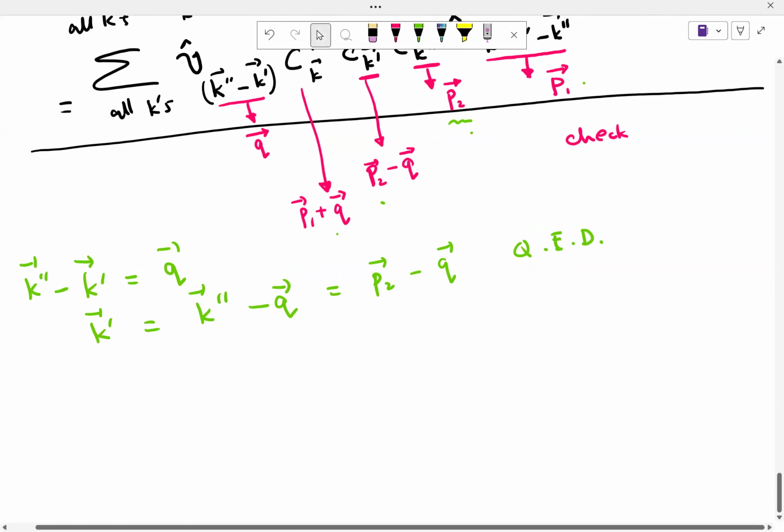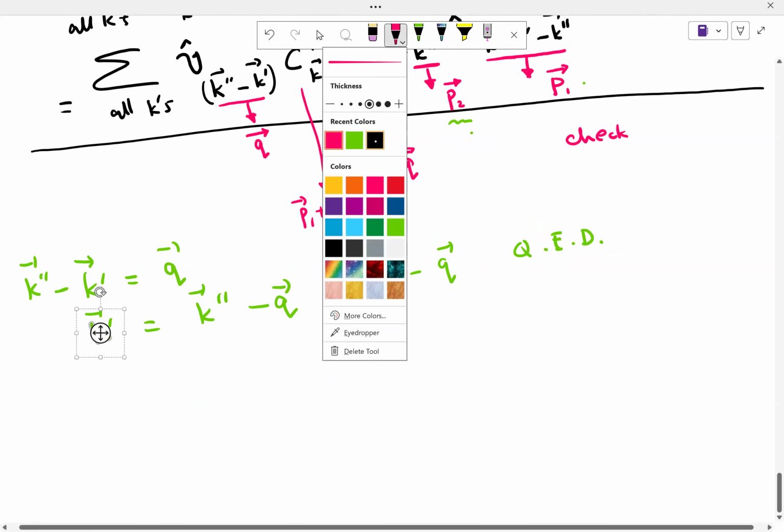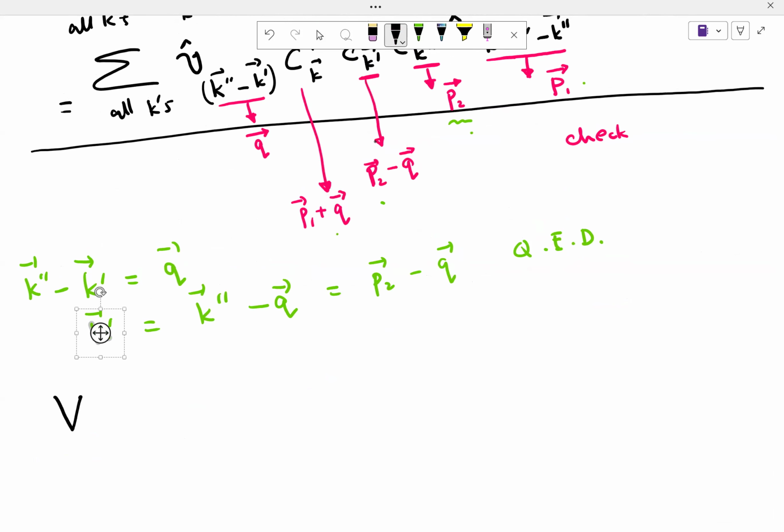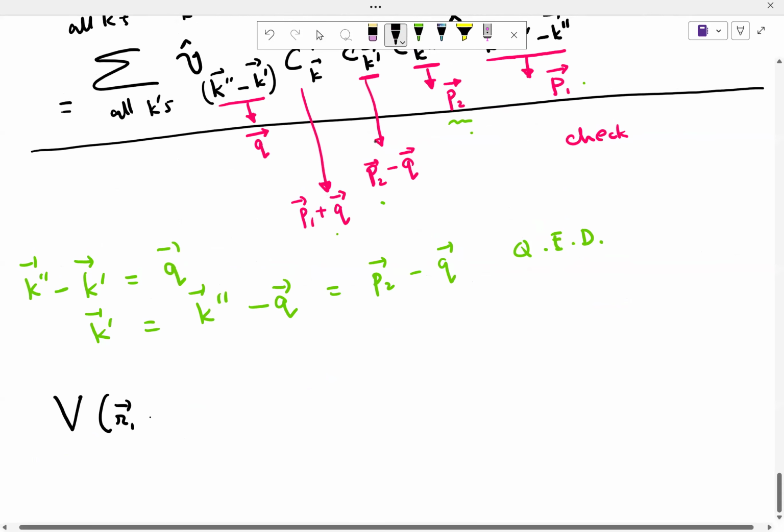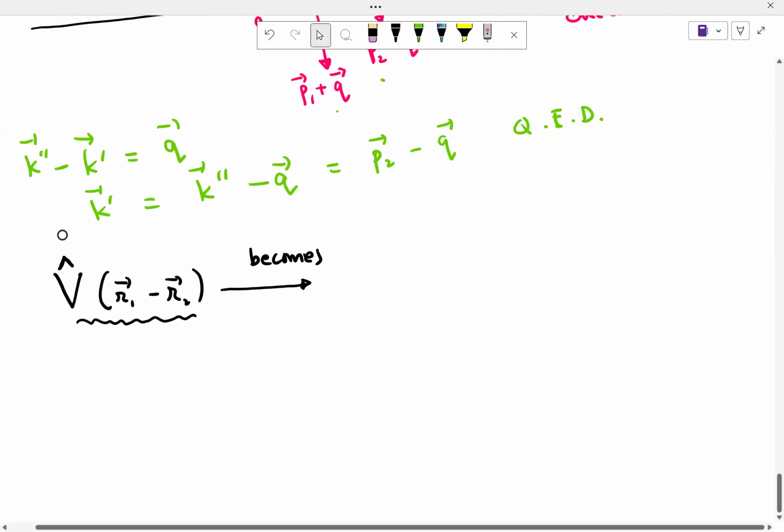Overall, what I have is the second quantization form of V(R1 minus R2). Remember, V is any function which only depends upon the difference between two variables, R1 and R2.